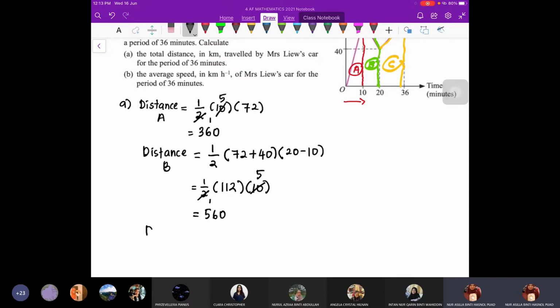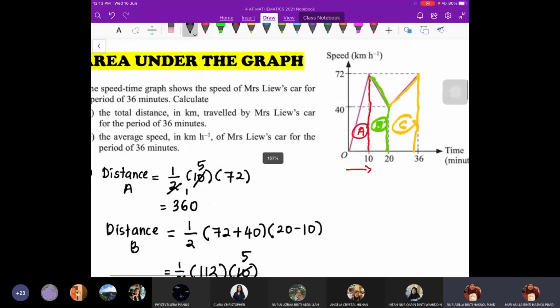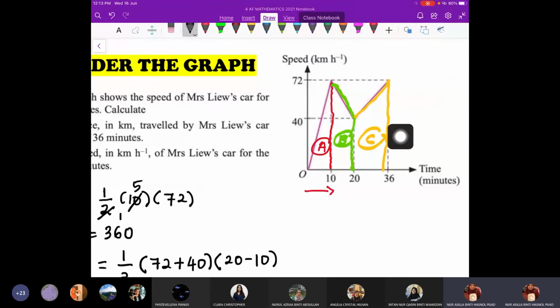Okay. And then calculate distance C. Once again, 1/2 times. Okay, tengok graph. So, parallel lines 40 plus 72 juga. Cuma perpendicular line dia 36 minus 20.